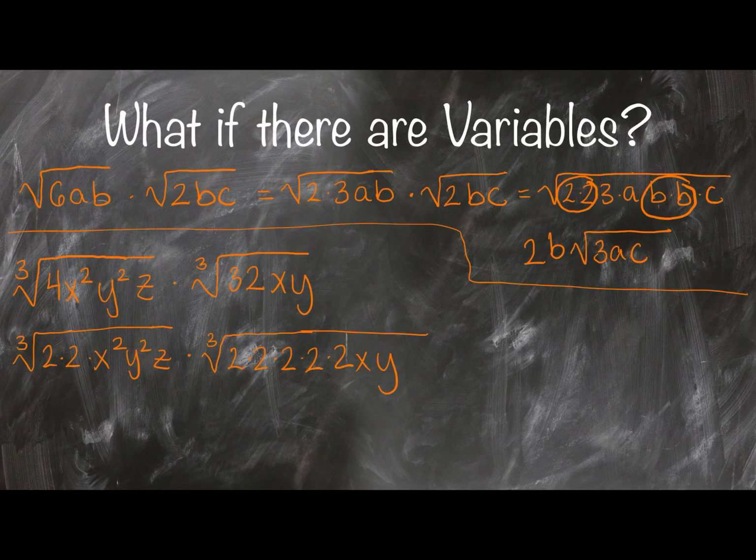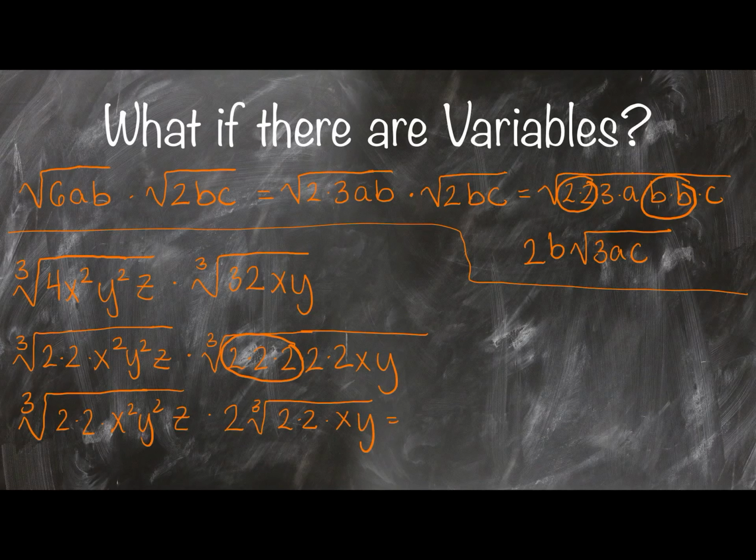Well, there's no perfect cubes in there except I see this one. The cube root of 8 really is what it is. So you have the cube root of 2 times 2 times x squared y squared z times 2 cube root of 2 times 2 times xy.